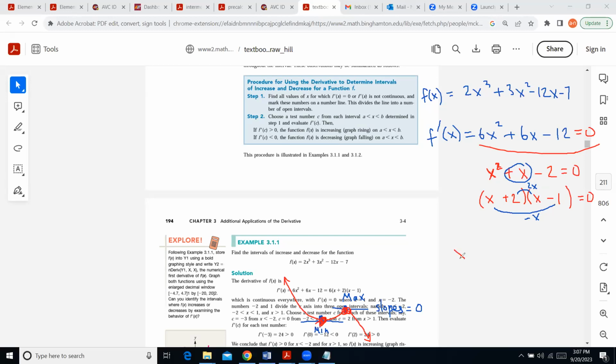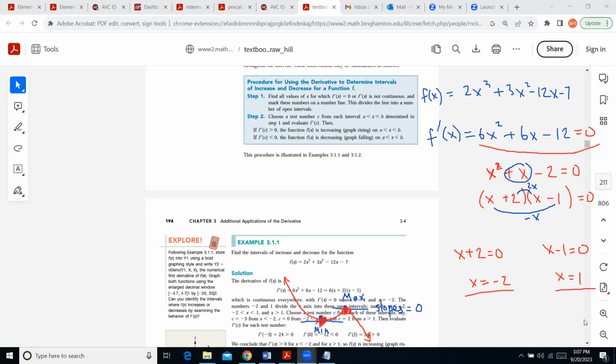Looks like 2x minus x is indeed equal to x. So x plus 2 is the first piece that I set equal to 0, or another factor, x minus 1, that also I set equal to 0, and that gives me 2 special points that we were looking for. They are 1 and negative 2.